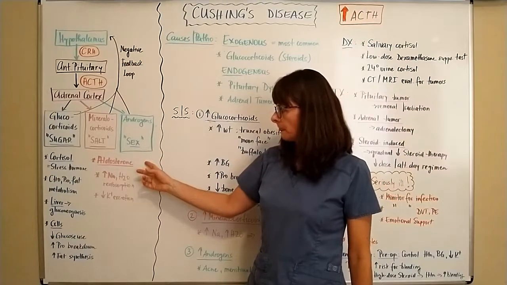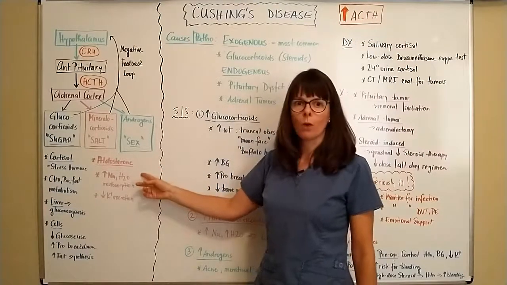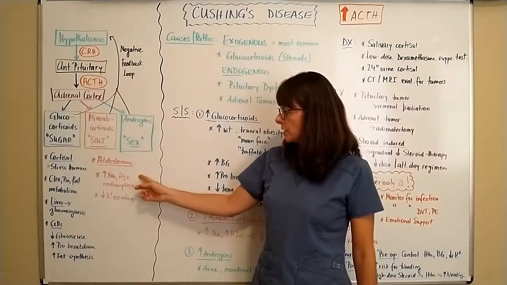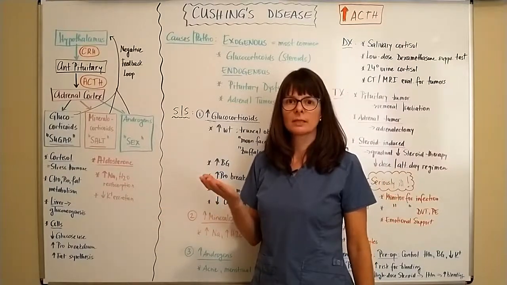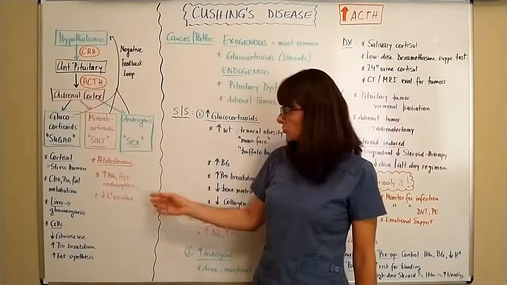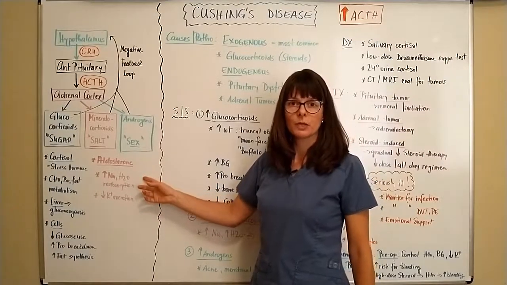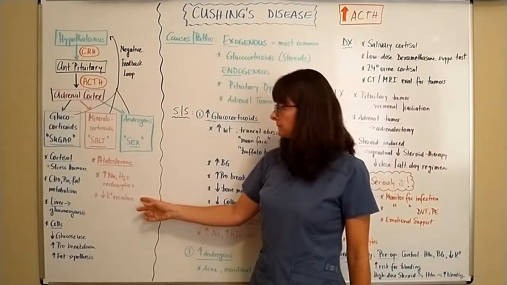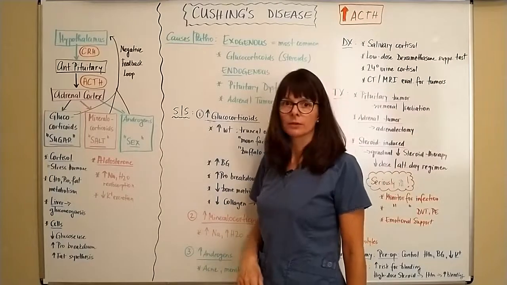So it causes the increased reabsorption of sodium and water at the renal cortex, so that blood pressure can then be restored by increasing the blood volume. And in exchange at the renal tubules for increased sodium reabsorption, potassium is being excreted. And then we have our androgens, sex hormones, that we'll get into here.